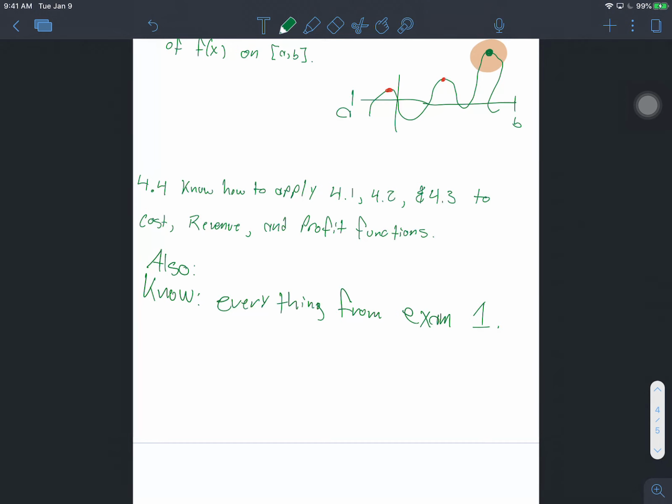So, exam 2 will build on exam 1. The focus of the questions on the second exam will be on the material that is in sections 2.3 through 4.4. However, many of these questions may require an understanding of the material covered on exam 1. Math has that unfortunate nature that it's sort of cumulative.